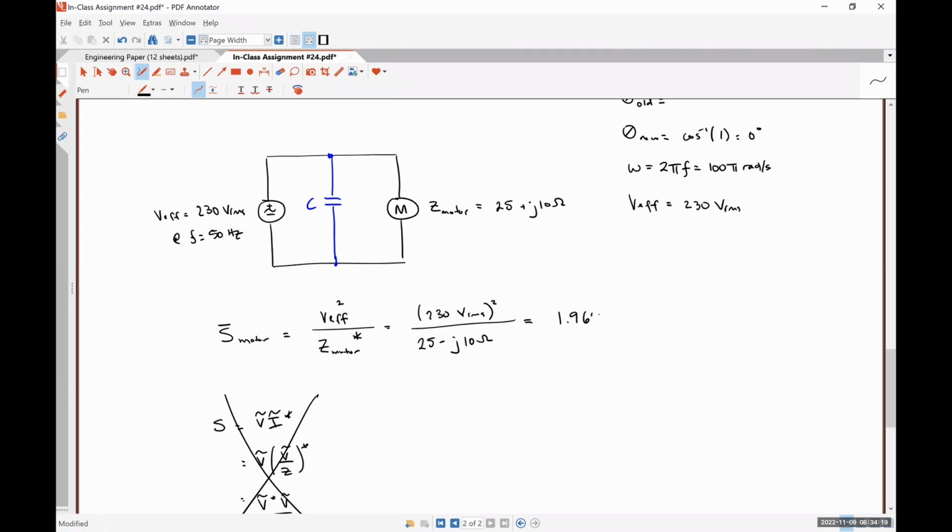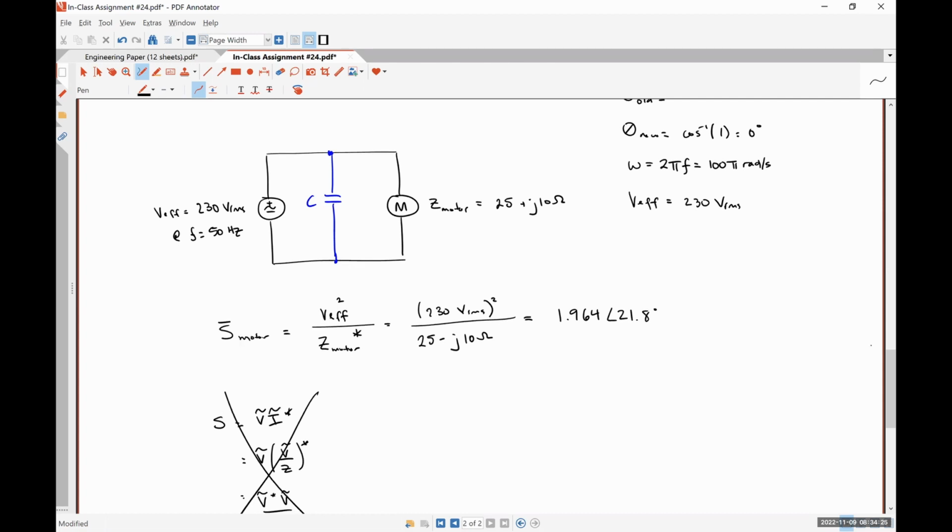1.964 angle 21.8 degrees, and this would be kilovolt amperes because we're dealing with complex power. All right, so convert that. Actually, did anybody else get that? Okay, Daniel, you have the rectangular form?